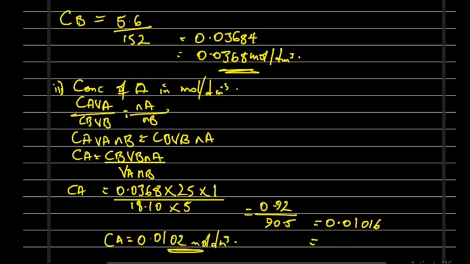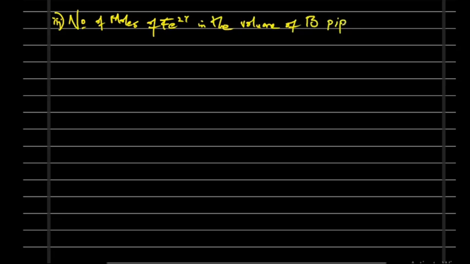And then we move to the third question there, which is talking about the number of moles of iron 2 plus in the volume of base pipetted.